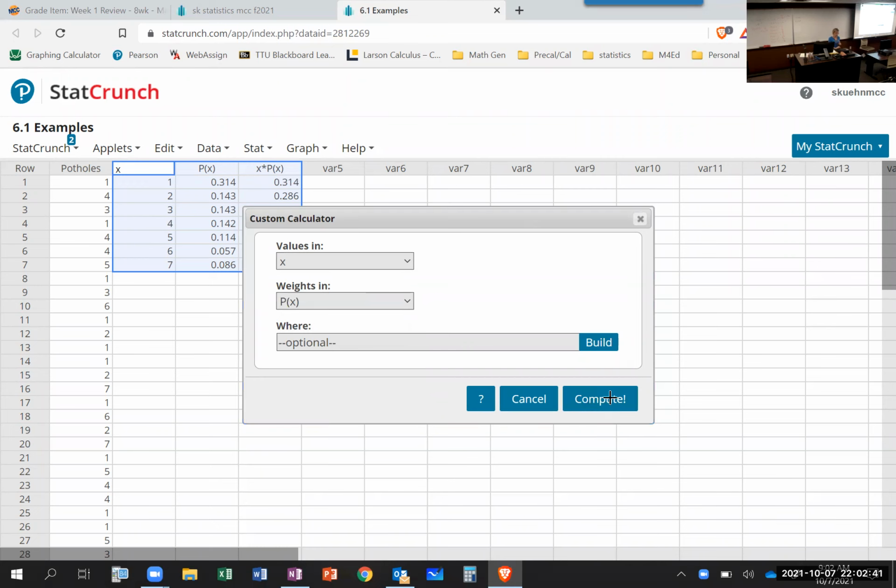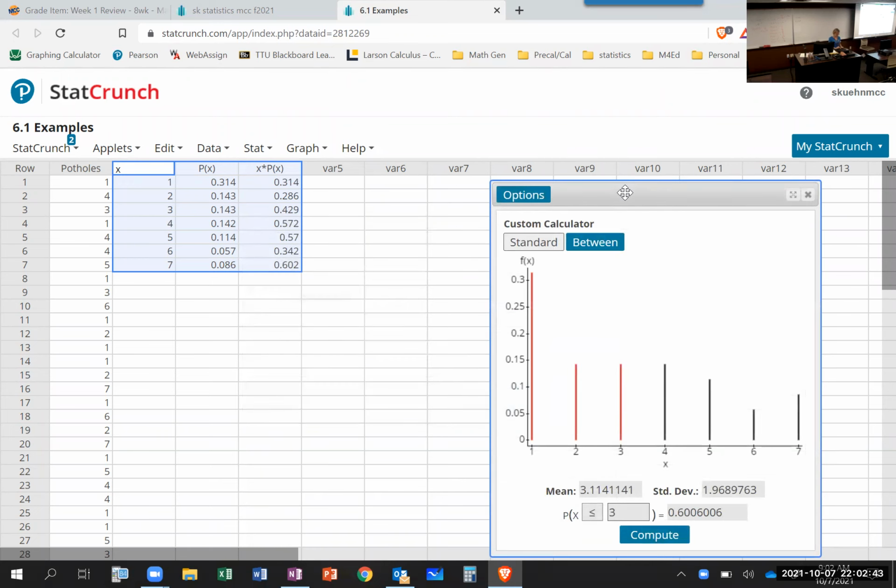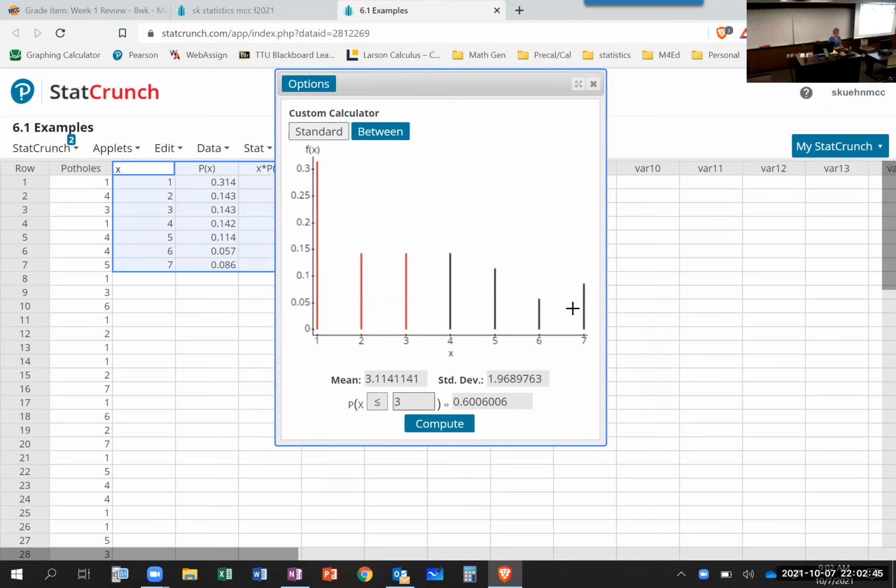And when I hit compute, notice this calculator that comes up. There's a lot of stuff on this calculator I want to point out to you. Does everybody get this pulled up? Make sure you can get this pulled up.